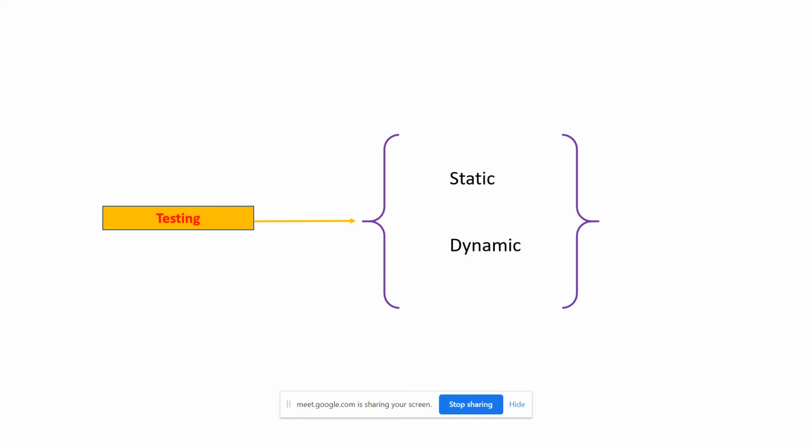So static means reviewing the documents, going through the documentation. These types of activities will come under static testing. Dynamic testing means it will keep on changing based on the requirement, so that type of testing will fall under dynamic testing. If anyone asks you what the types of testing are, you should first say static and dynamic.